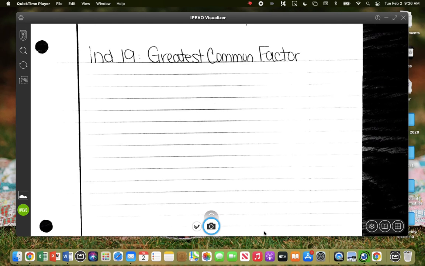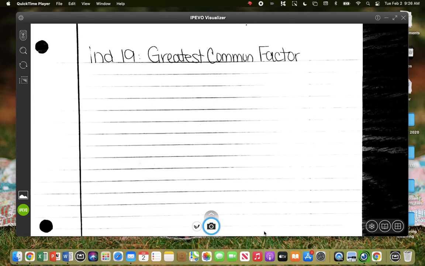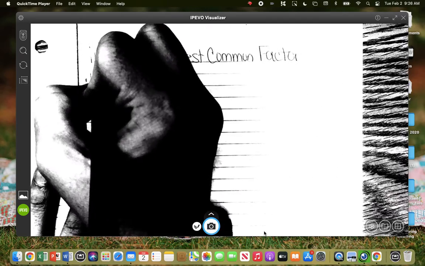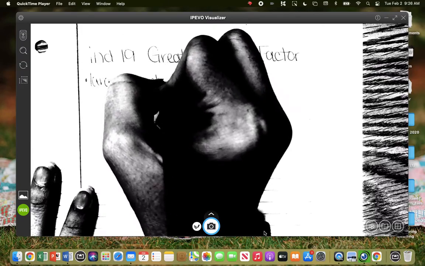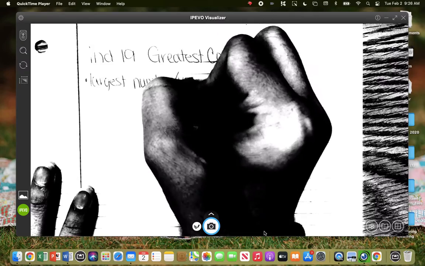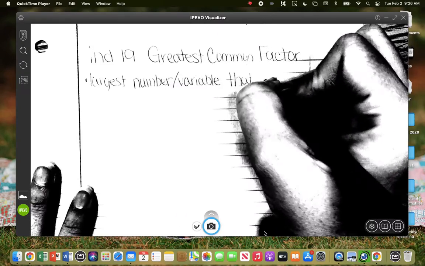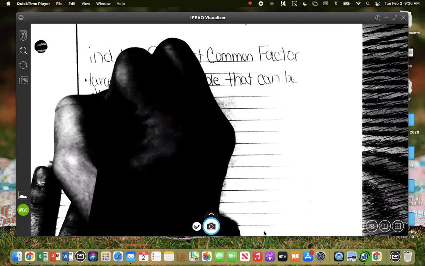Factors, when we're doing the distributive property, means we have a factor times another factor to get the original. So the greatest common factor is the largest number or variable that can be divided by all terms.